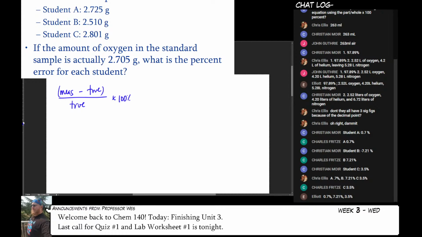And so the measured amount was this, 2.725 grams. The true value was this, 2.705 grams. And if I set those up vertically, guess what happens here? Hold on just a second, actually, because we can do something really funny.